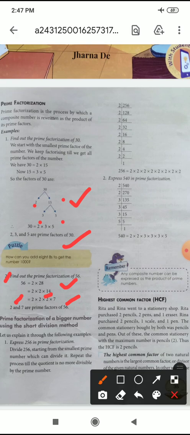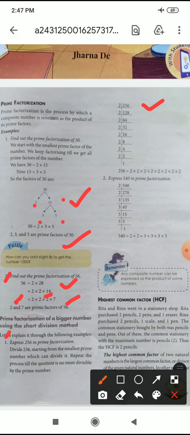Then prime factorization of a bigger number using the short division method. Number one, you see, express 256 in prime factorization. So we divide this 256 starting from the smallest prime number which can divide it. Repeat the process till the quotient is no more divisible by the prime number.